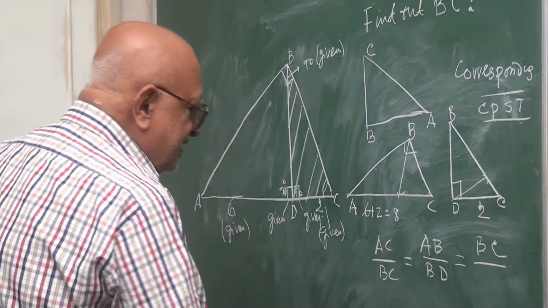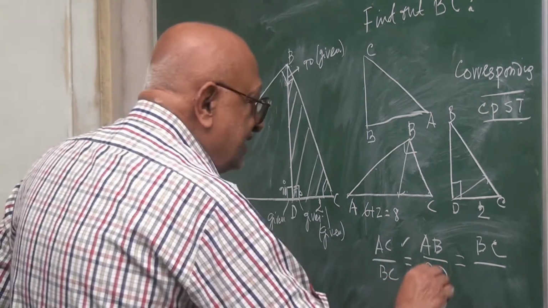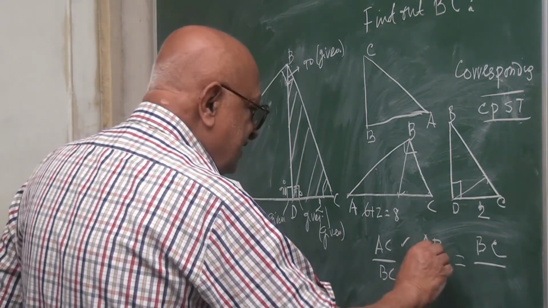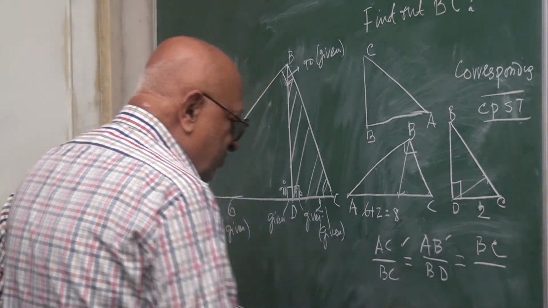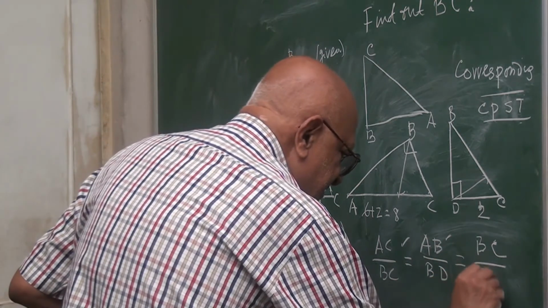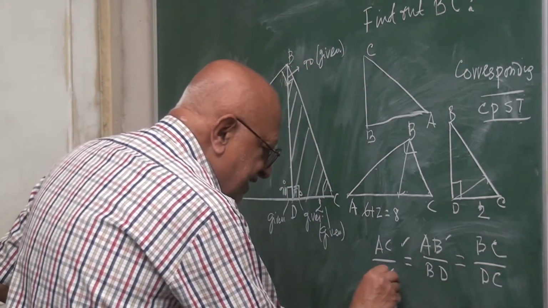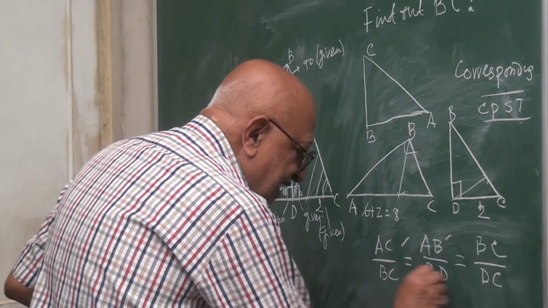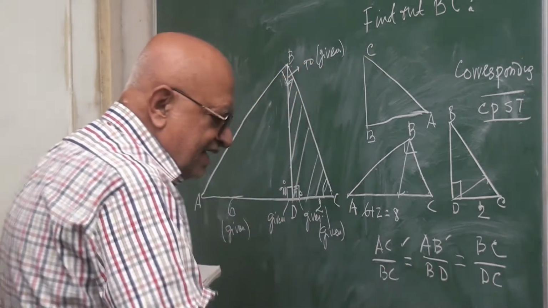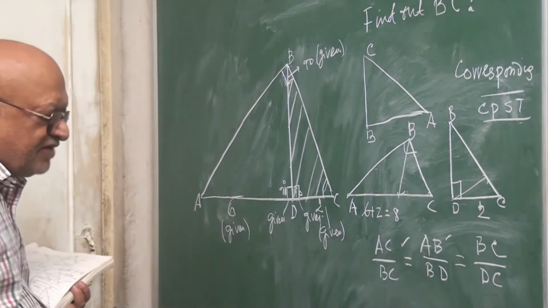AC by BC, this is okay. AC by BC, then BC. No, I am doing correct. And this will be equal to DC, because BC has been taken, BD has been taken, CD I have taken. Either you write DC or you write CD. This is perfectly okay.